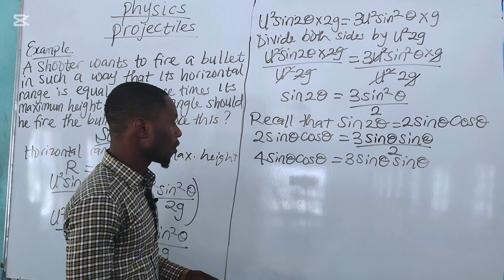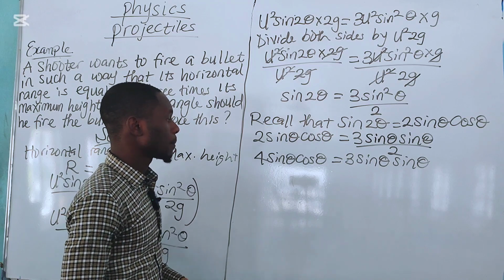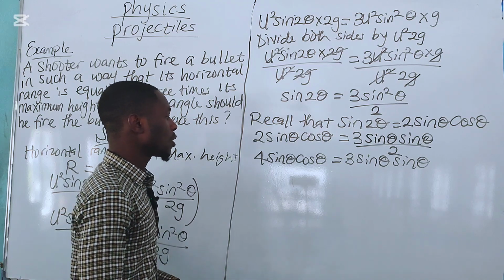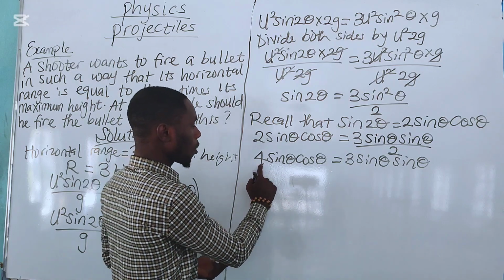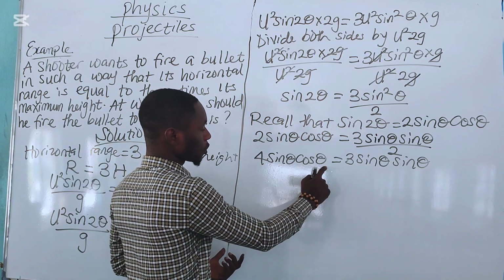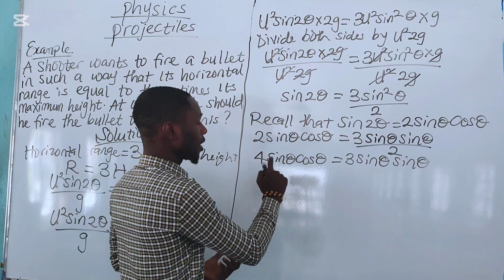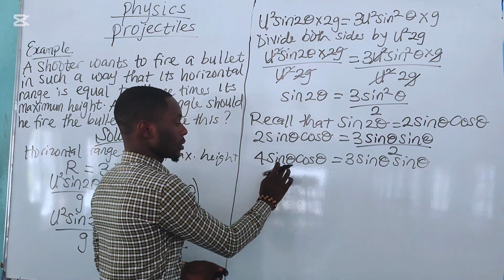We are looking for the value of theta. So how do we obtain it? Let's divide both sides by 4 cos theta, so that we can obtain the value of sine theta.